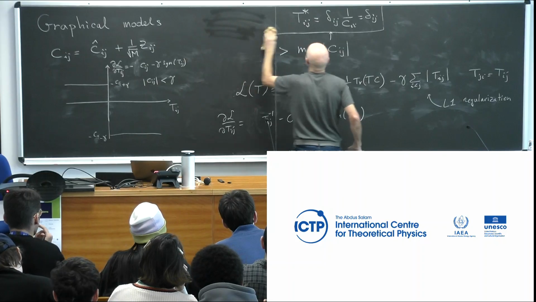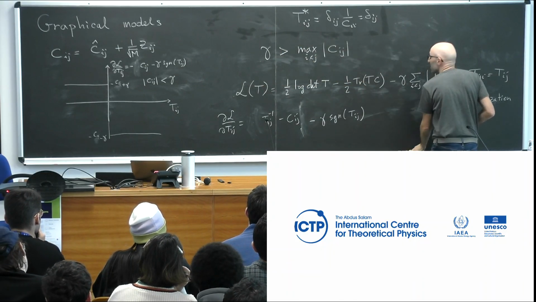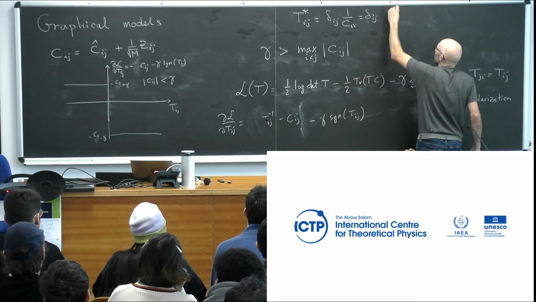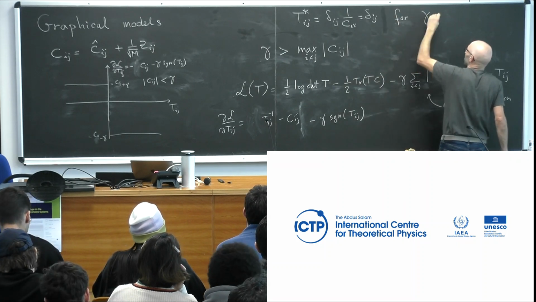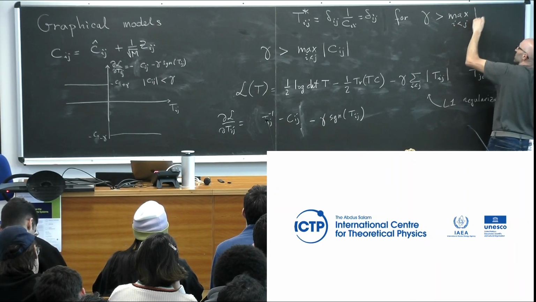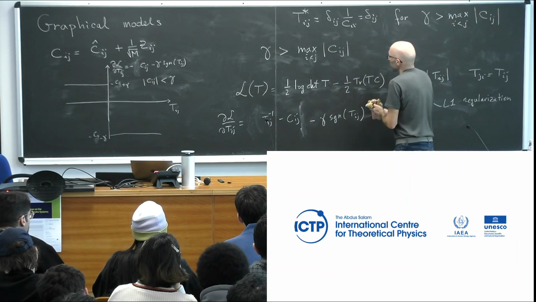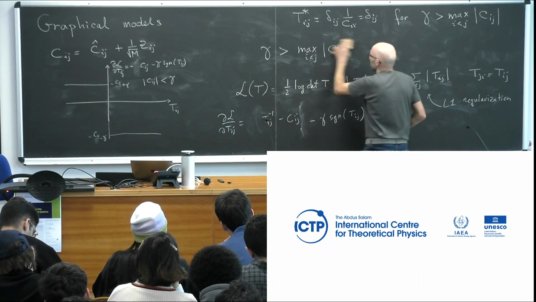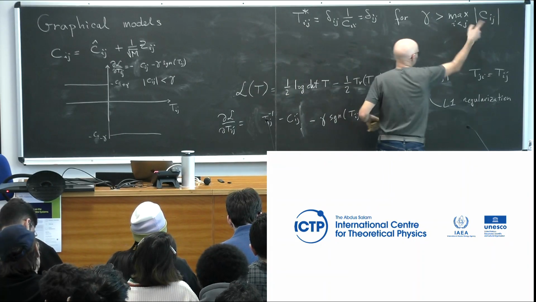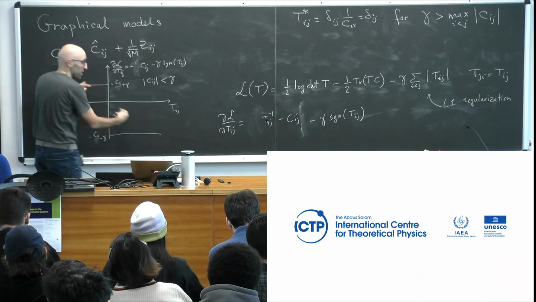Let's write it better. We get that t_ij is equal to delta_ij for any gamma bigger than the maximum over i smaller than j of c_ij. Because if gamma is bigger than the maximum of all the possible correlations, for any matrix element t_ij, you are in this situation.